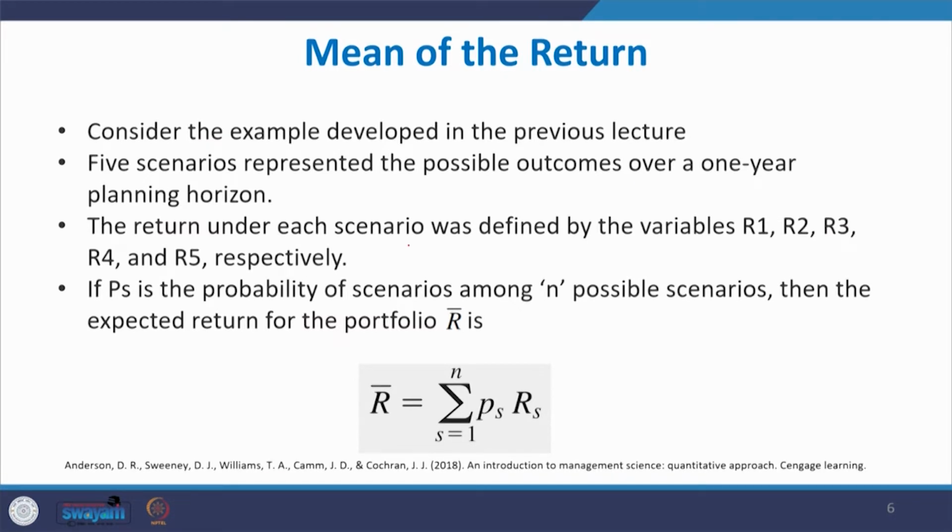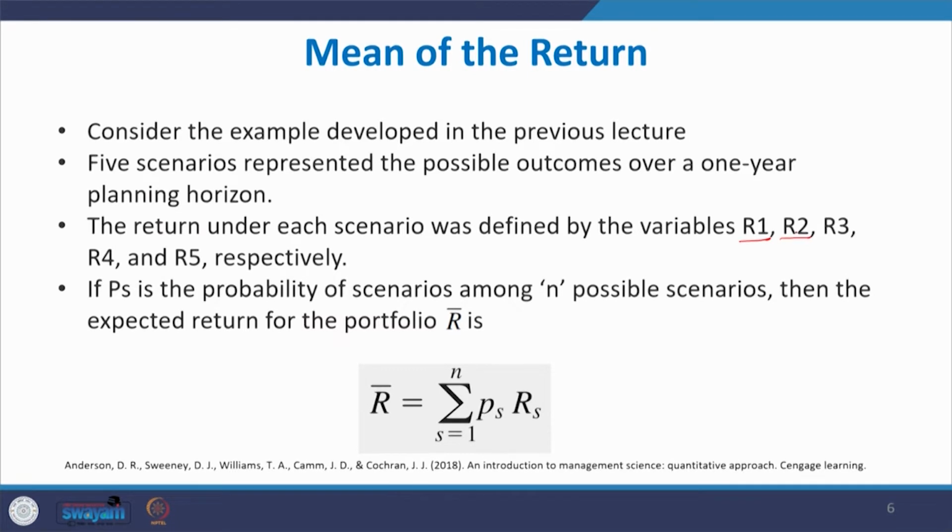The return under each scenario was defined by the variables R1, R2, R3, R4 or R5 respectively. That means, for year 1, if scenario 1 occurs, the return will be R1. The next year, if scenario 2 occurs, the return is R2, and like this R3, R4 and R5.